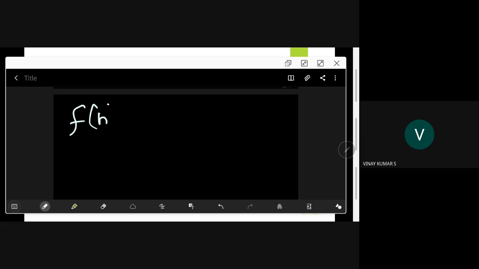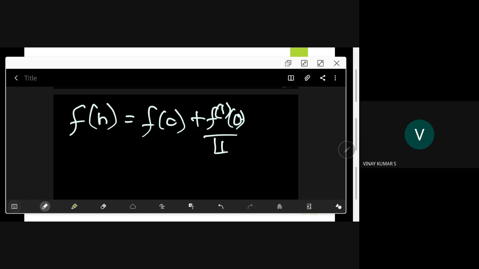If you take x as 0, f of h is equal to f of 0 plus f dash of 0, that is, you calculate f dash of x and then put 0 in place of x, by factorial 1 into h, plus the second order derivative at 0 by factorial 2 into h square plus etc.